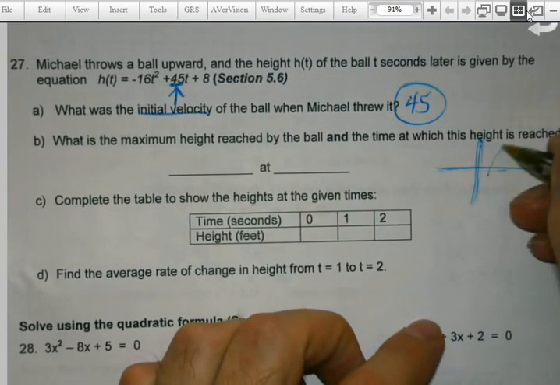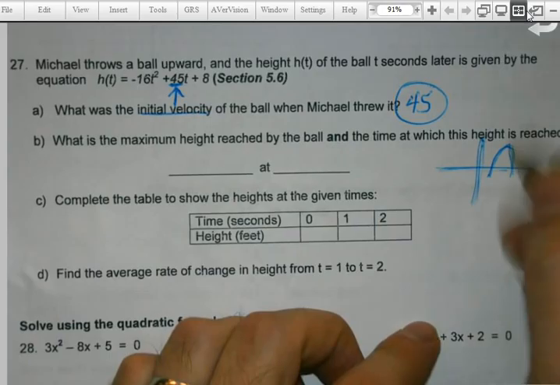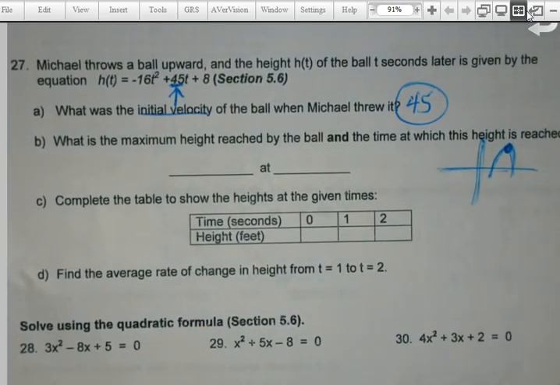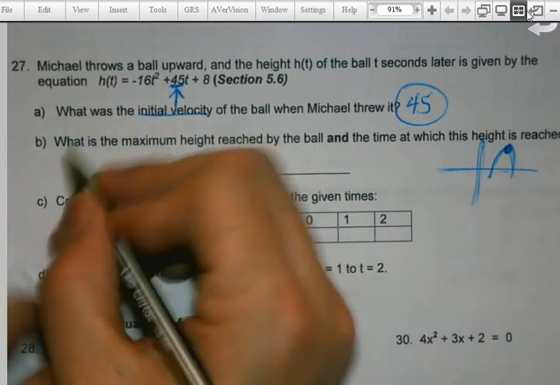So basically what I'm looking at is, there's a parabola I'm going to be working with, and the maximum height is going to be found at the vertex. So I need to know what the vertex is. I have to do one part, just like I did before. I have to figure out the x value of the vertex.